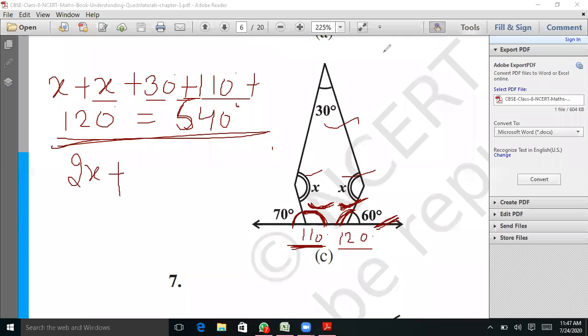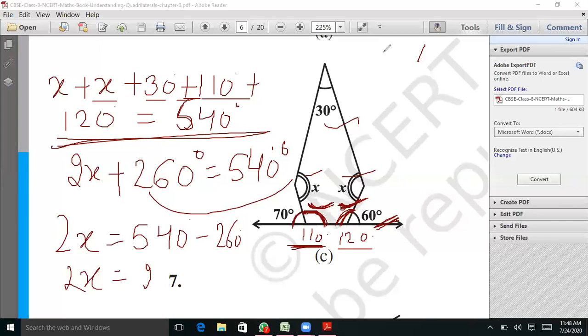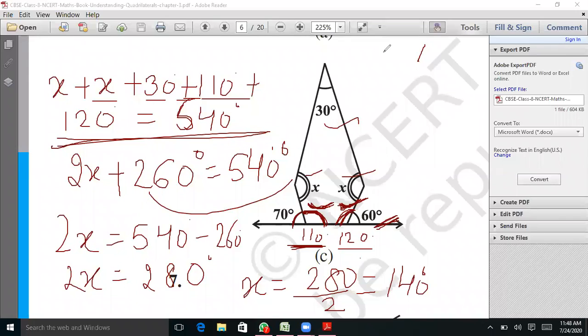It will be 260 degrees, is equal to 540 degrees. Subtracting, 2x is equal to 540 minus 260. 2x is equal to 280 degrees. x is equal to 280 degrees divided by 2, which is 140 degrees. This is the answer here, right?